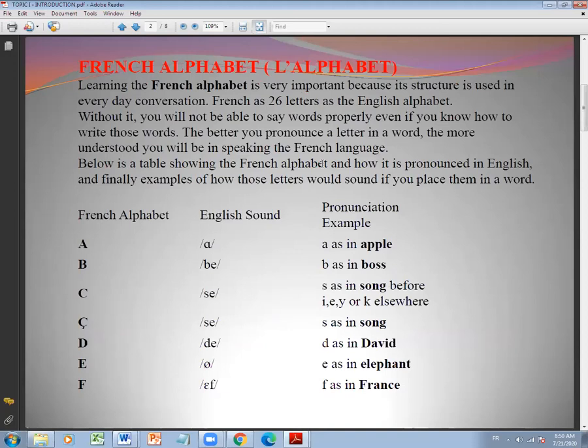I don't know, Mwalimu, how to pronounce this, but S as in song. D as in David. E as in elephant. F as in France.